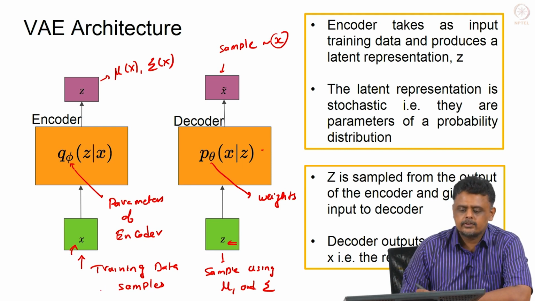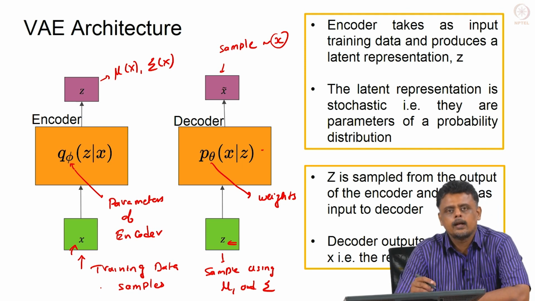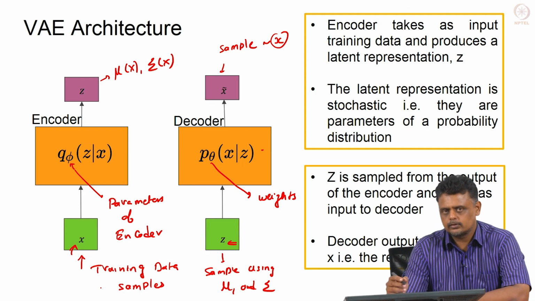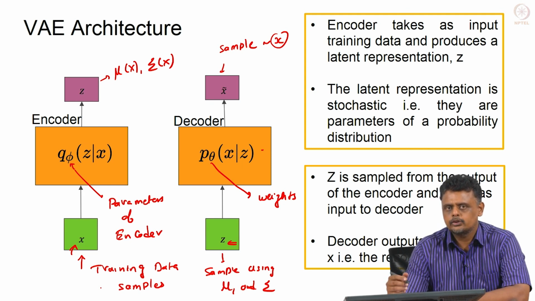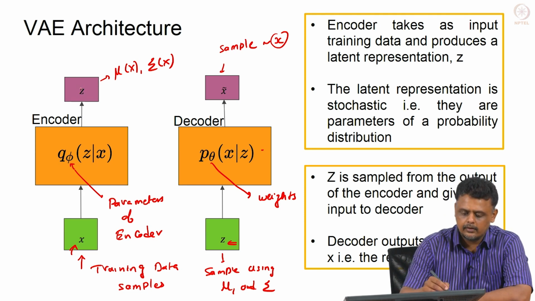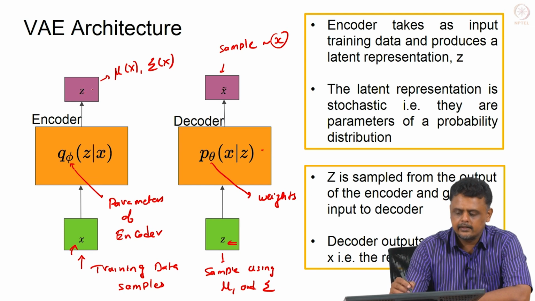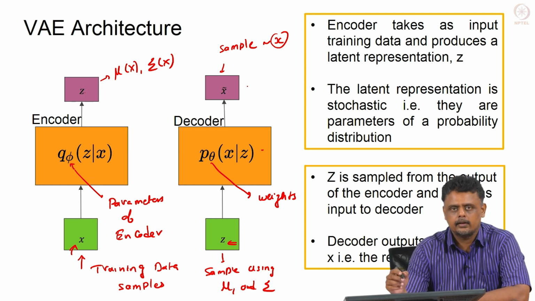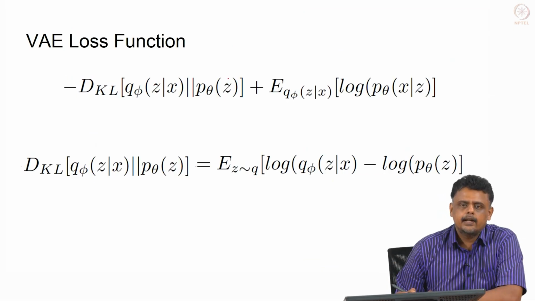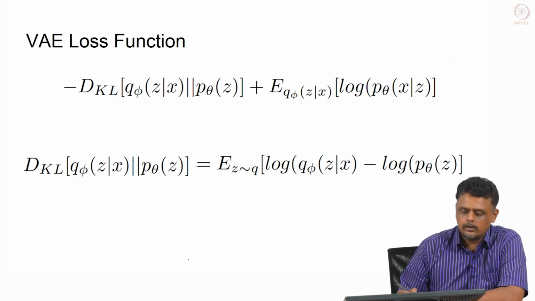Okay. So, this is the VAE architecture, and in order to train this we have a cost function which consists of two parts. We will look at what they are, and that ensures that the whole network is consistent in terms of a particular z giving rise to a particular sample from the training data. Okay. So, the VAE loss function consists of two terms.